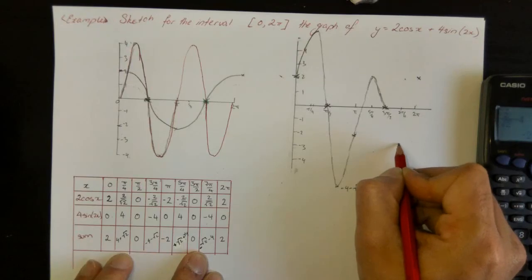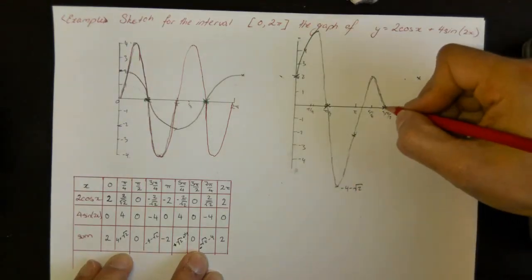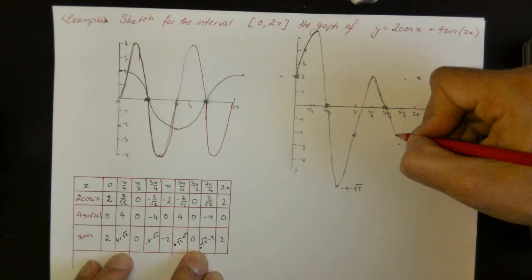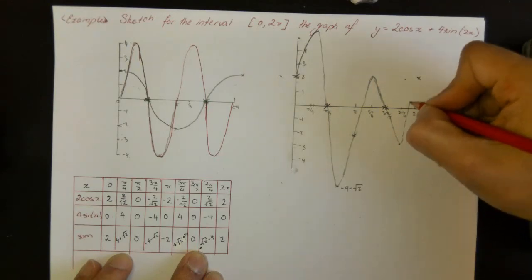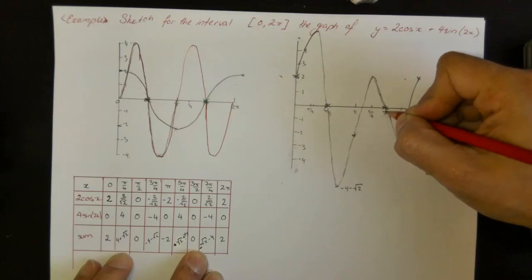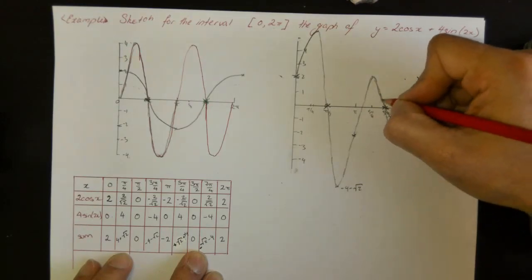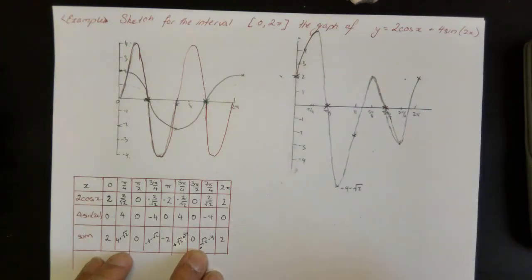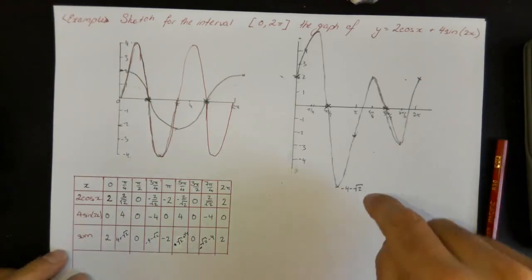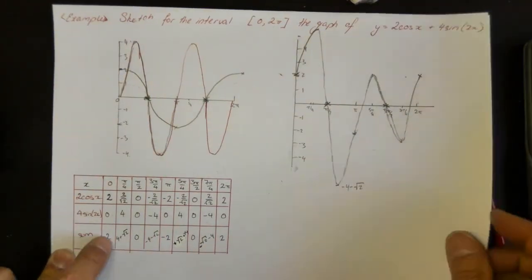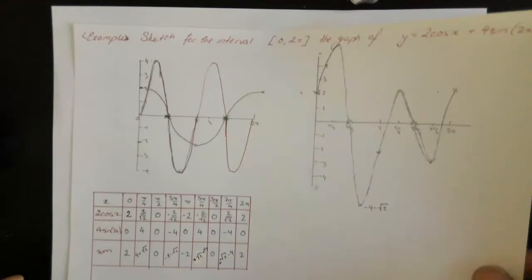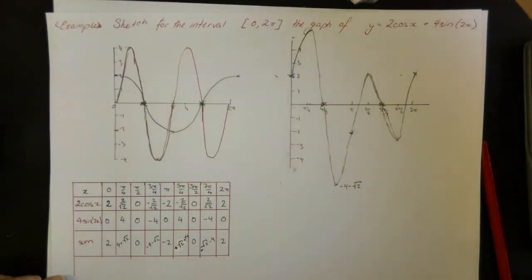So somewhere here. Yeah. So it would look like that as a rough sketch. Okay. And then that would repeat as well. Okay. And so that is the end.